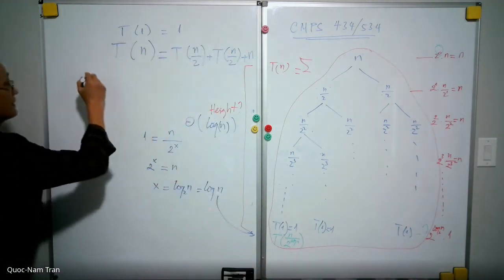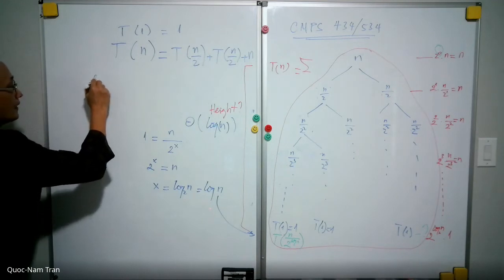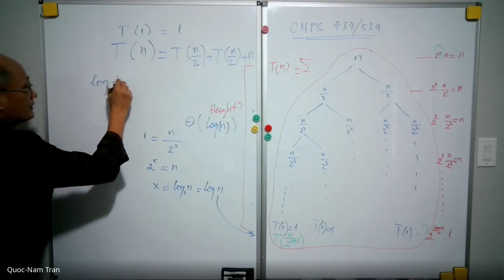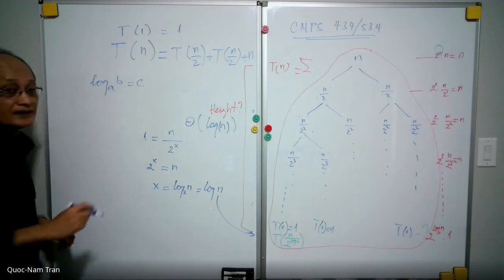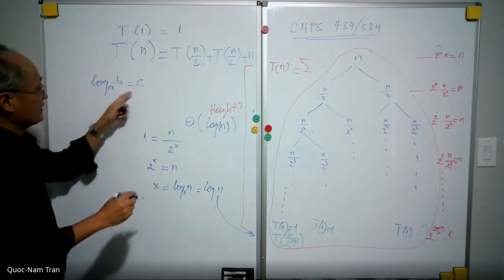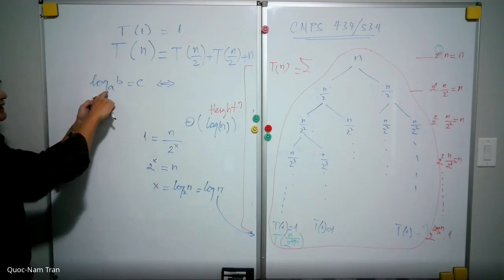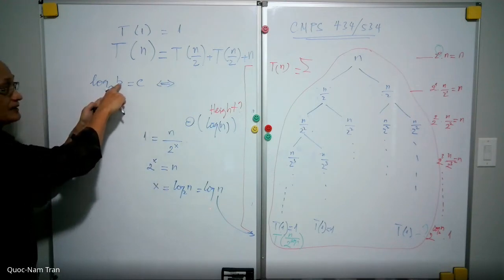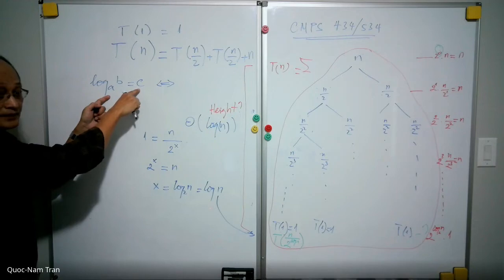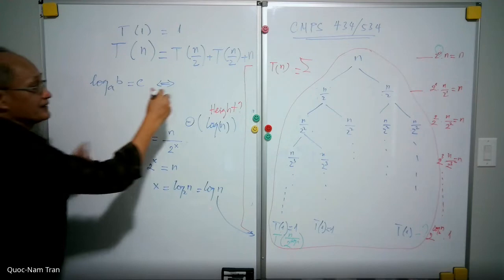So we have here log A of B equals C. What is it? If and only if A power to the C equals B, right?